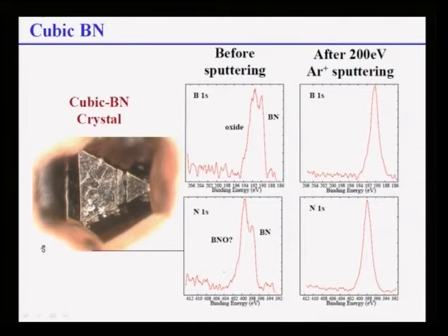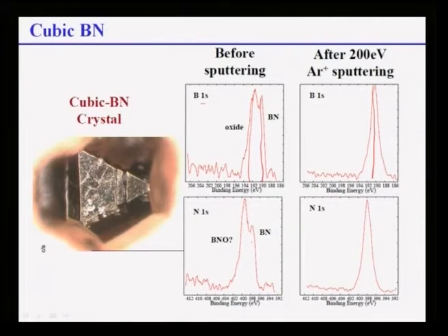In the case of cubic boron nitride, which is a very hard material, let us see what happens when you do the spectrum, before sputtering and after sputtering. We will show both. Boron 1s peaks, you should see this is BN, this is oxide. Before sputtering there will be some oxides, obviously boron oxide, but if you sputter you clearly see only the nitride peak. That is why sputtering is used. Now, if you do not sputter, what happens to the nitrogen peak?